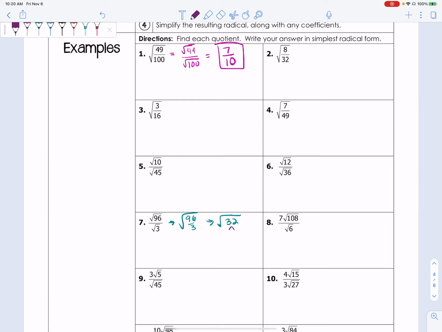So let's make a factor tree. We're going to have 2 times 16. 16 is 4 times 4, 2 times 2, and 2 times 2. I look for my 2 of a kinds. I have 1 2 of a kind, 2 2 of a kinds. That comes out as 2 times 2. What's left over is this 2 on the inside. So my final answer here should be 4 root 2.